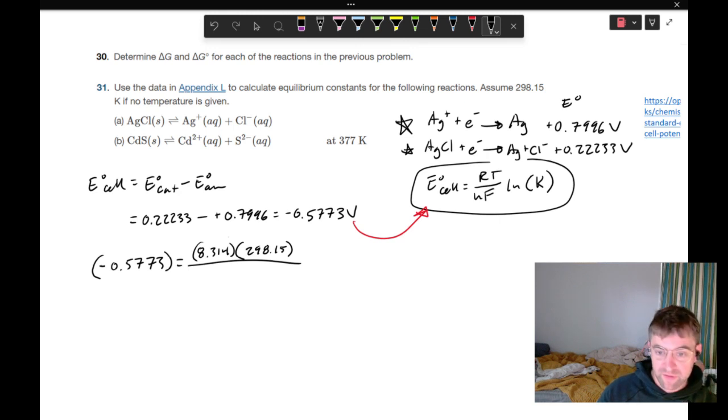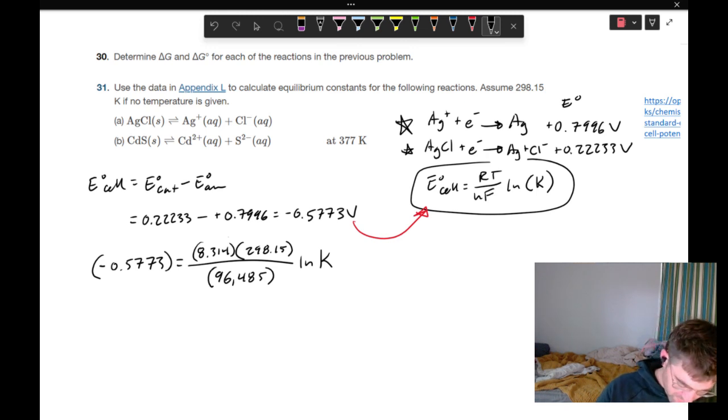All over electron stoichiometry was 1, so we can ignore it. Times Faraday's constant is 96,485 times the quantity lnK or lnQ. K and Q are synonymous in this particular situation. It's just a variable.